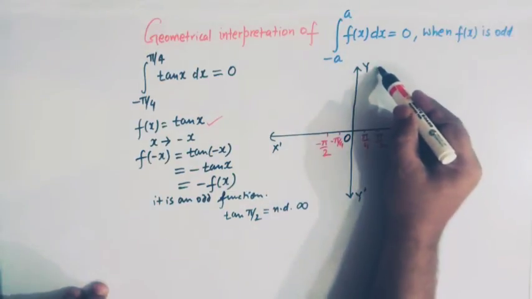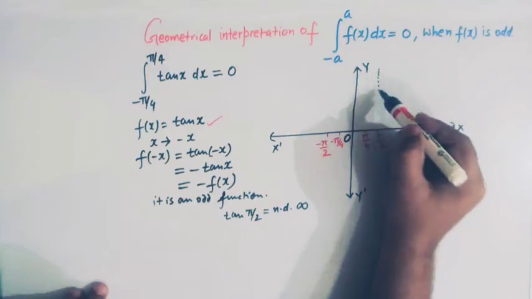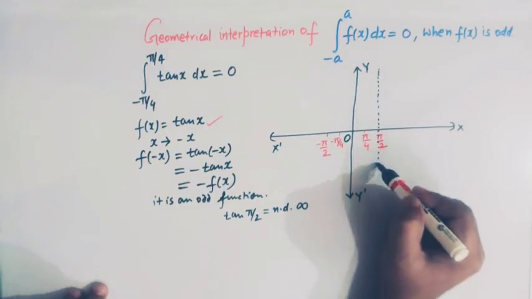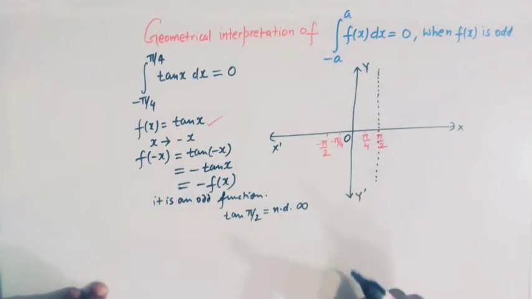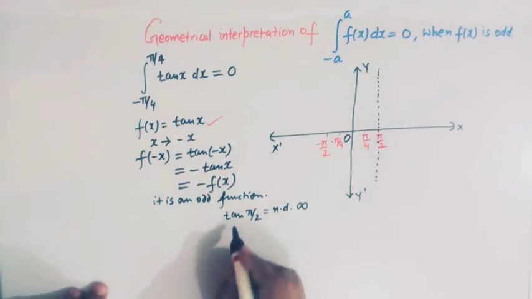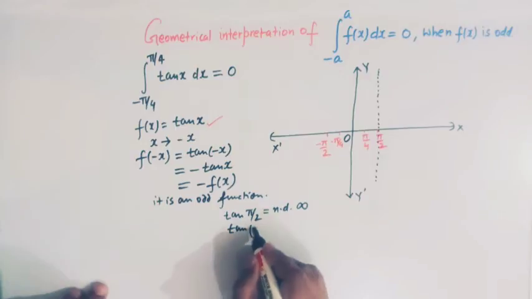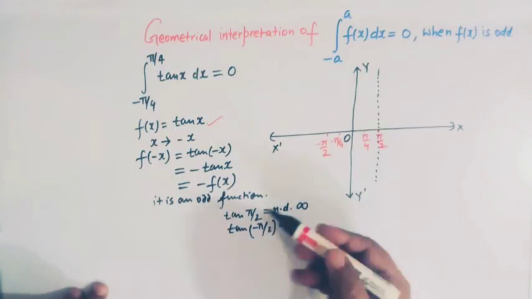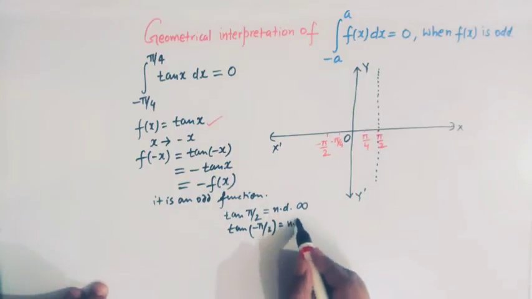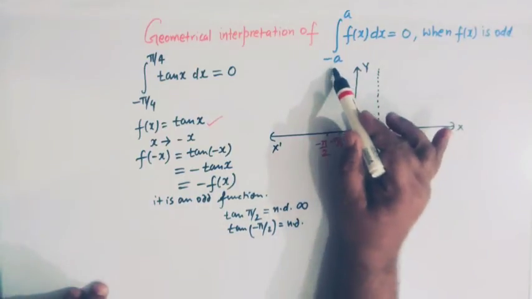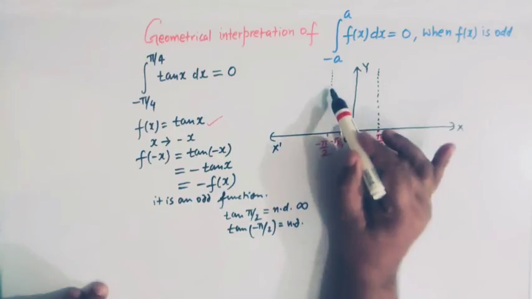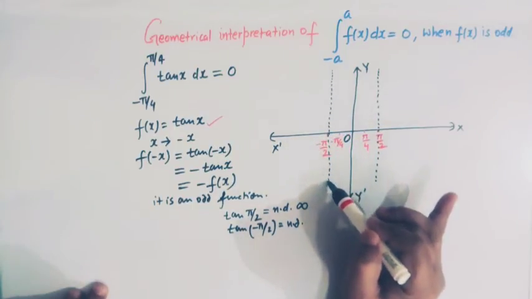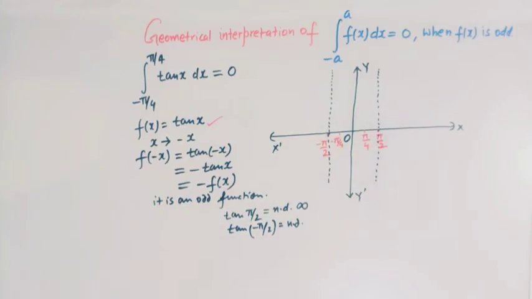So in order to draw the graph of this function, let us draw a line which is parallel to the y-axis. Similarly, tan of minus pi by 2 is also not defined, and let us draw another line which is parallel to this y-axis.